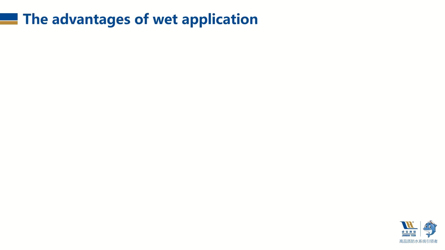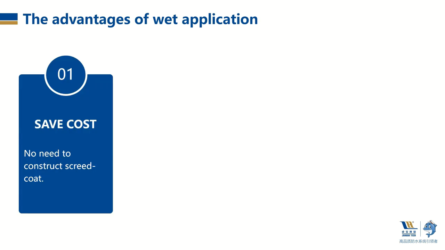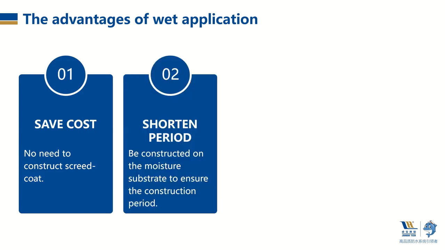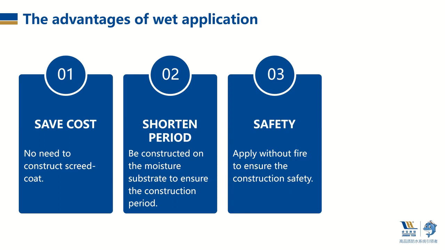There are many advantages for wet application. The first one is saving cost. There is no need for a screed coat, so it can save money. The second is shortened construction period. Wet application can be applied on a moist substrate, so the construction period can be shortened greatly, especially in rainy season.